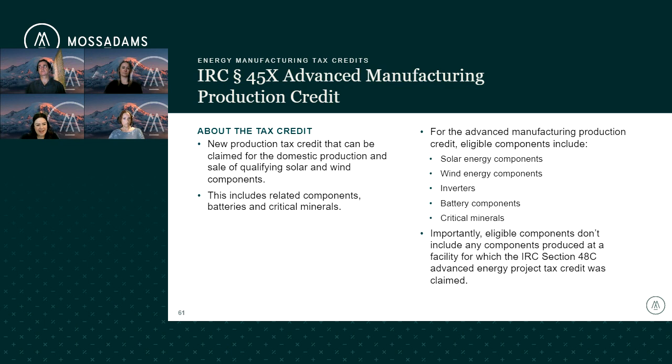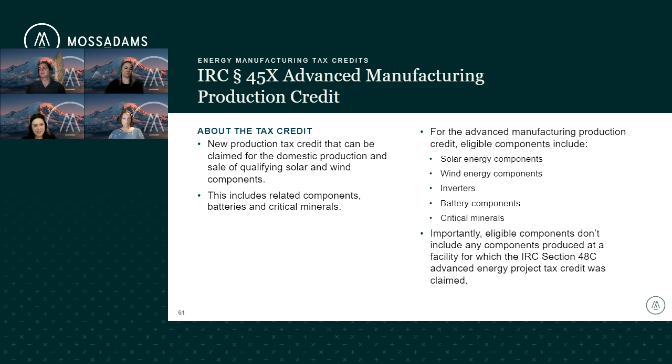So 45X is, again, a new production tax credit, but it can be claimed on the domestic production and sale of qualifying solar and wind components, and it also includes batteries. So these are going to be eligible components that are solar energy components, wind energy components, inverters, battery components, and other critical minerals.